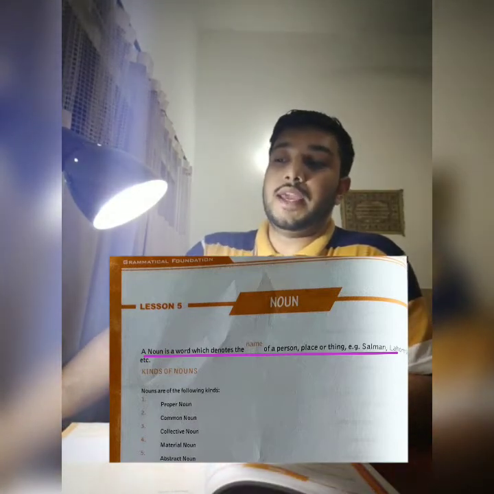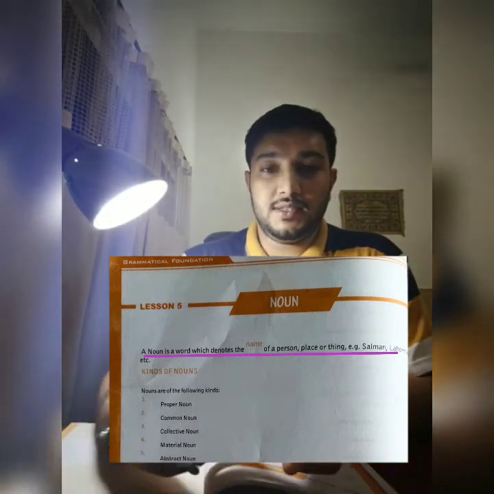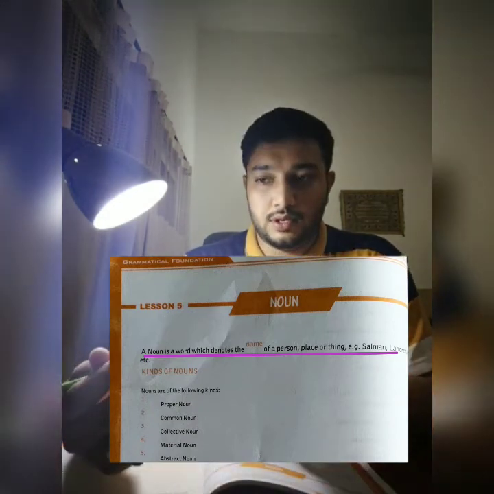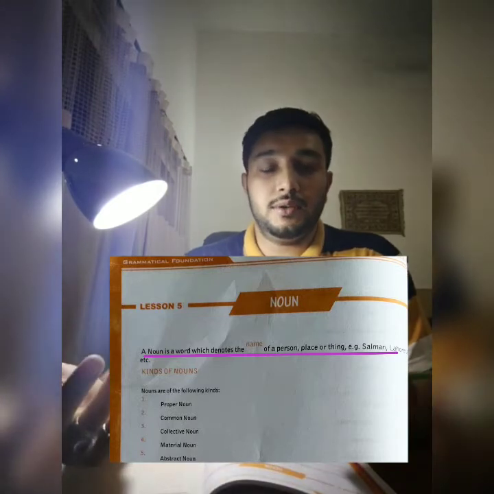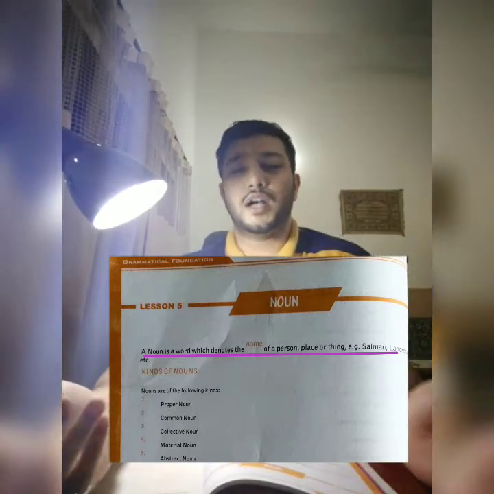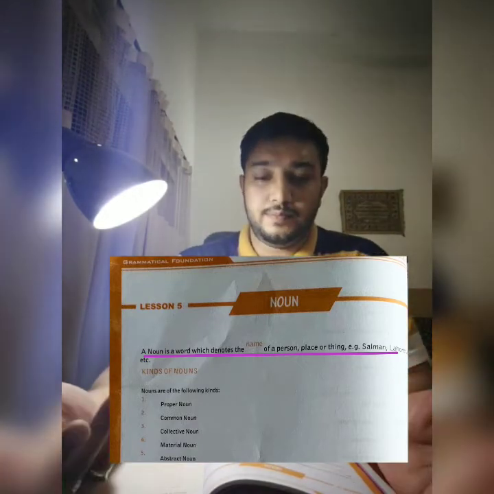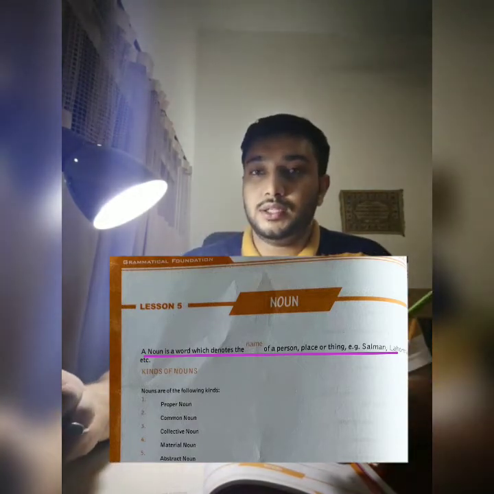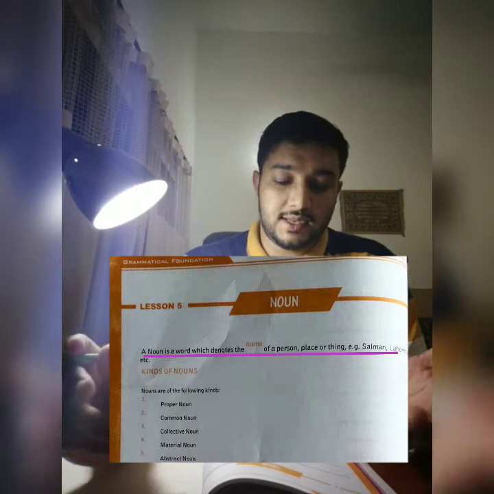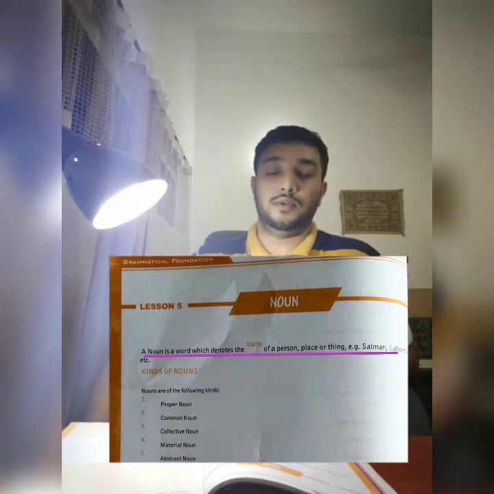The name of the person, places or things like table, chair, these are the things. Places, Lahore, Sialkot, Pakistan, and person like Shiraz, like me, Zahid, whatever. These are the examples of your noun.